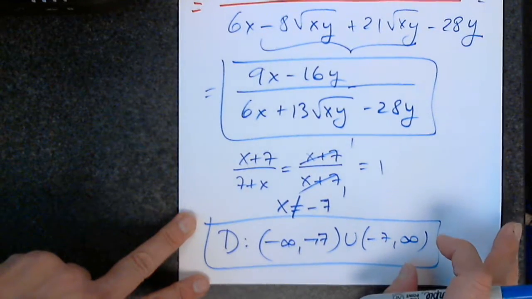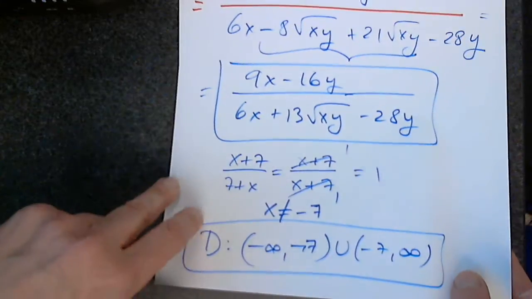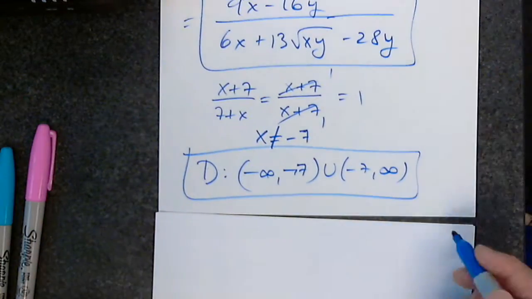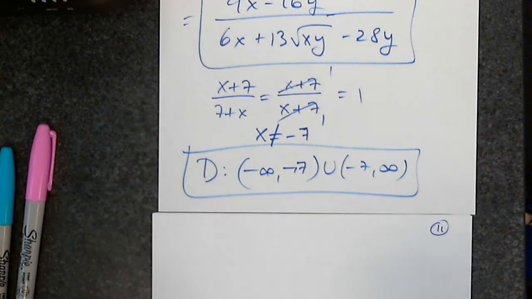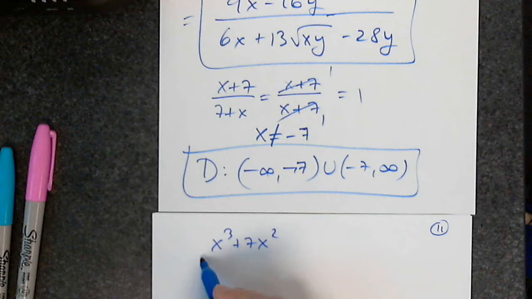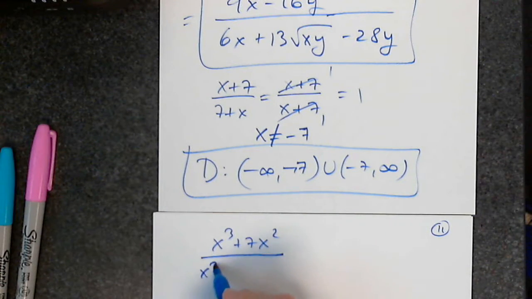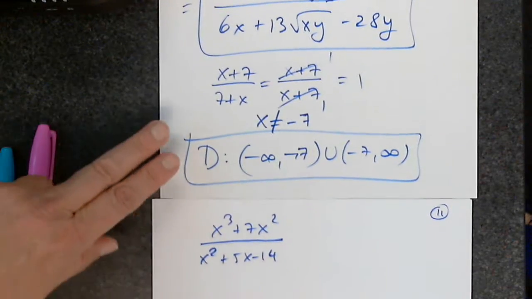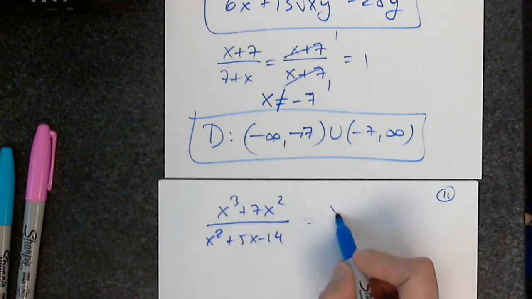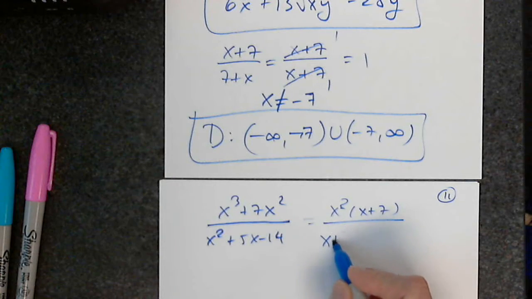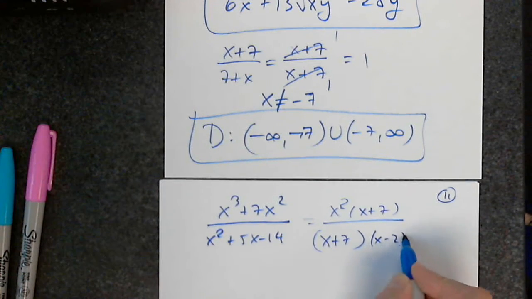We've been doing this since chapter 8, actually. If you go back to your notes, you will find it. Now for the next one, in which I have x cubed plus 7x squared, everything divided by x squared plus 5x minus 14, I will factor the numerator, x squared and x plus 7. I will factor the denominator in x plus 7 and x minus 2.